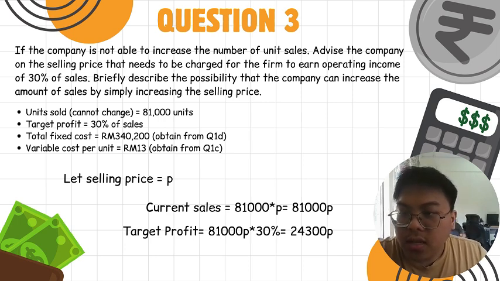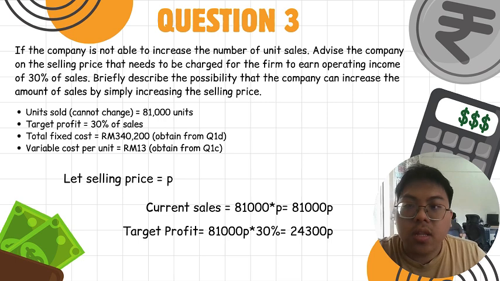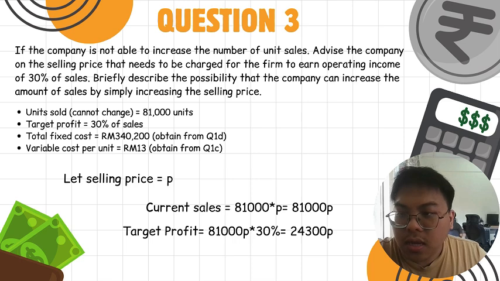We let the selling price be P, so the current sales is the unit sales times the selling price. Next, the target profit is the current sales times 30%, and the target profit will be 24,300P.